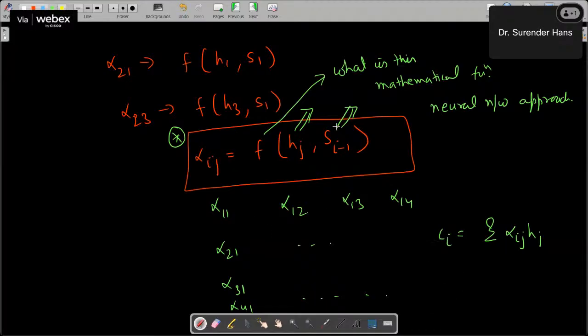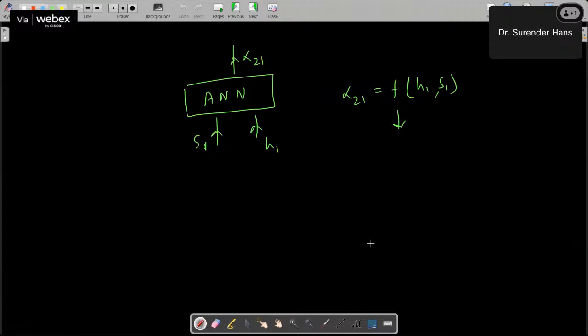So now this one is a kind of neural network. In this neural network, we will give the input of two things. First one is S i minus 1 and Hj. And this neural network will calculate the weight, and it will give me the Eij.